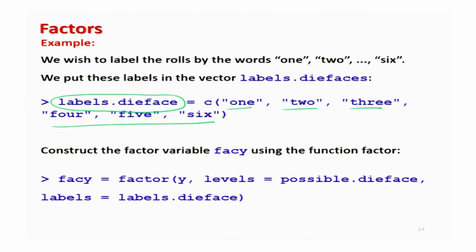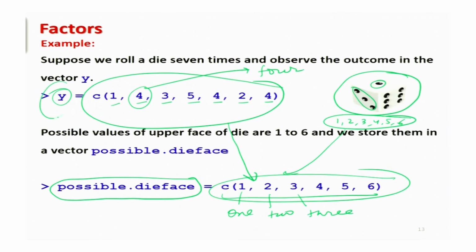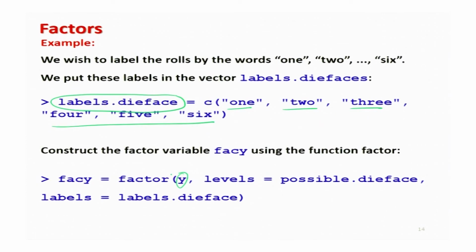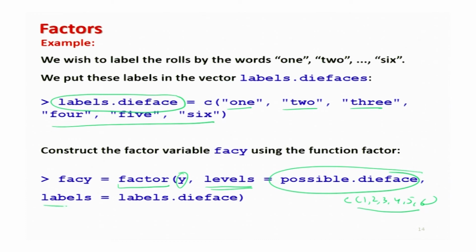And now I take this data, y, and use my command factor, and I say the levels are the possible die face, which is the vector C(1, 2, 3, 4, 5, 6), and the labels are obtained from this data vector labels.die.face.